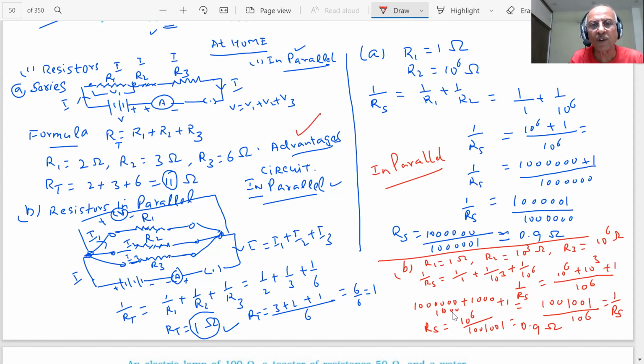Clear? When you connect in parallel, the total resistance or the effective resistance becomes less, even lower than the lowest resistance resistor.